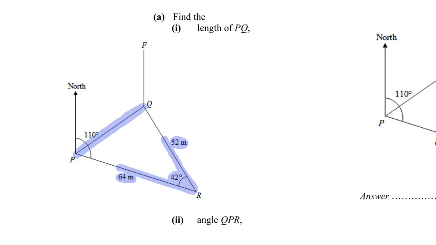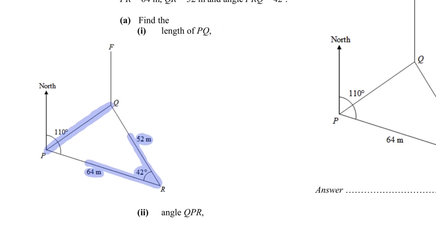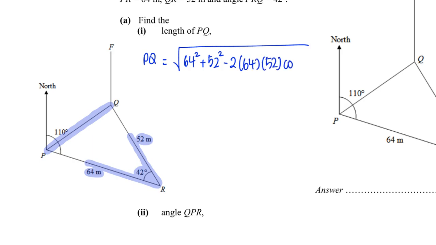And so PQ, you can see that here I will simply write it down. PQ is therefore the square root of 64 squared plus 52 squared minus 2 times 64 times 52 cosine of 42 degrees. And do make sure that your calculator is in degrees mode, since we are dealing with 42 degrees.